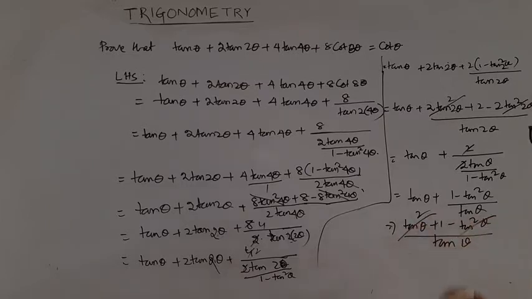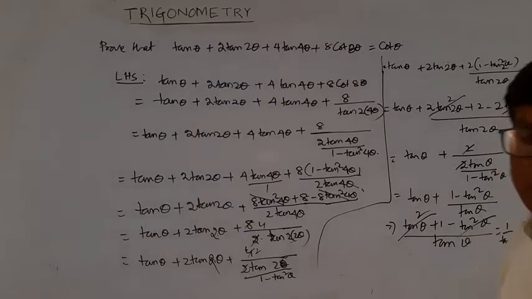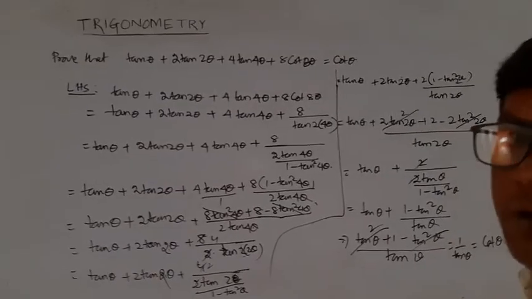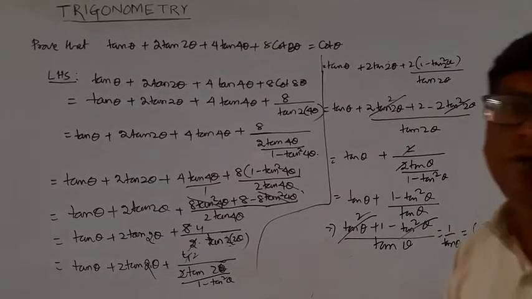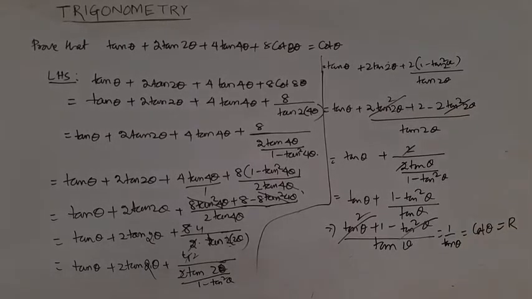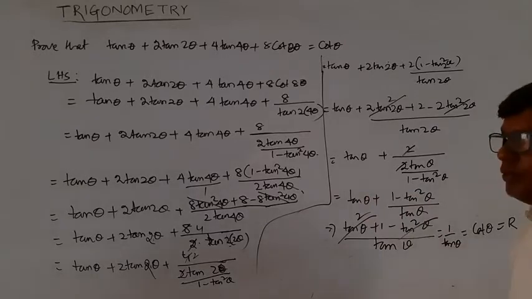This cancels. 1 by tan theta is equal to cot theta. So this is equal to the right hand side. 1 by tan theta is equal to cot theta. Okay.